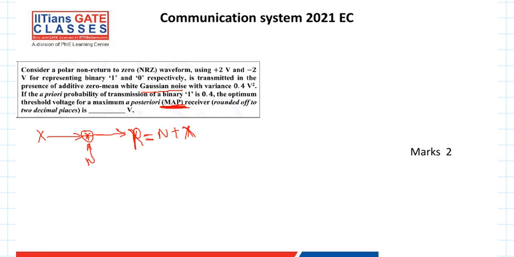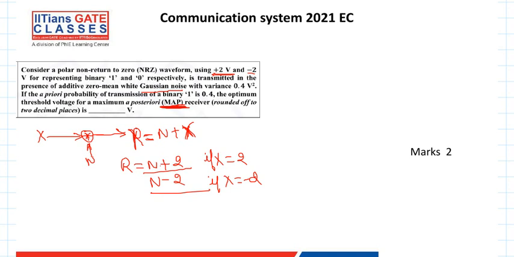Now R can be n plus 2 or n minus 2 based on what we are transmitting. If we are transmitting plus 2, it will be n plus 2. If we are transmitting minus 2, it will be n minus 2. So R will be equal to n plus 2 if x is equal to 2, and R will be equal to n minus 2 if x is equal to minus 2.